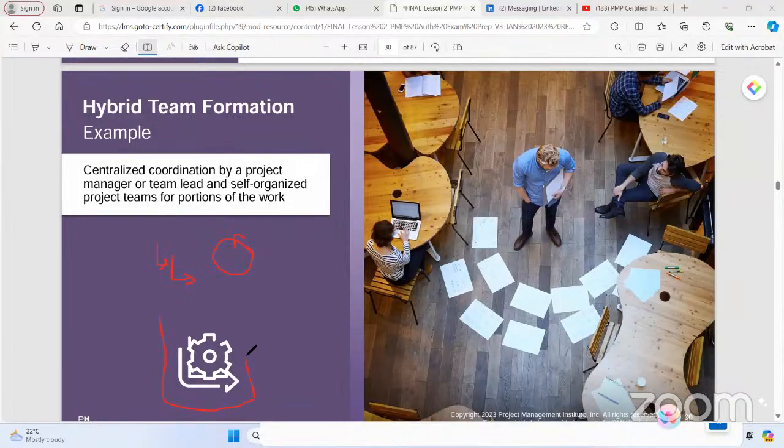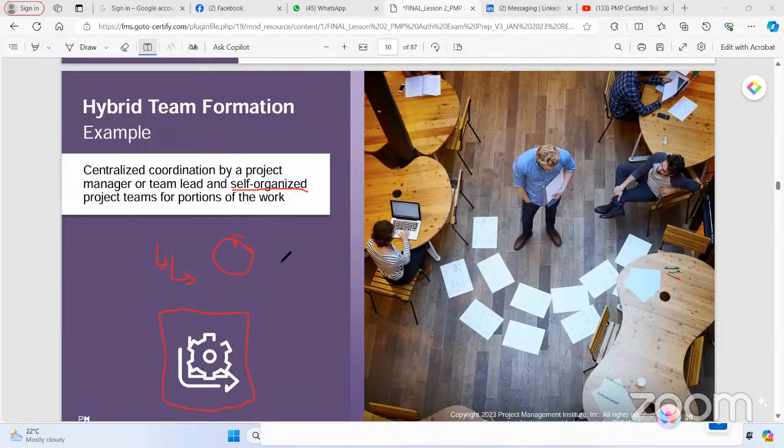We call it hybrid. So for certain teams, we may have a hybrid structure where we may be directing people who are self-organized, and we may have people who need to be advised, who need to be directed.